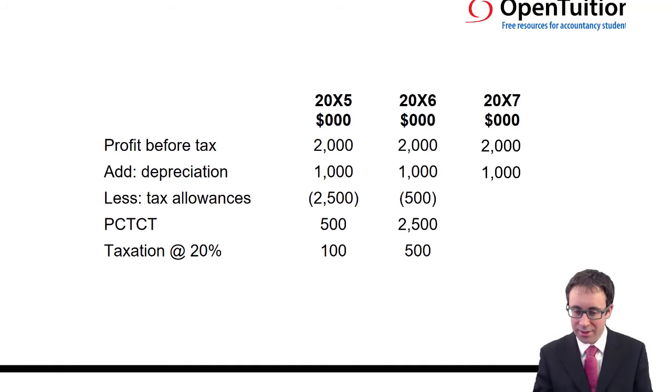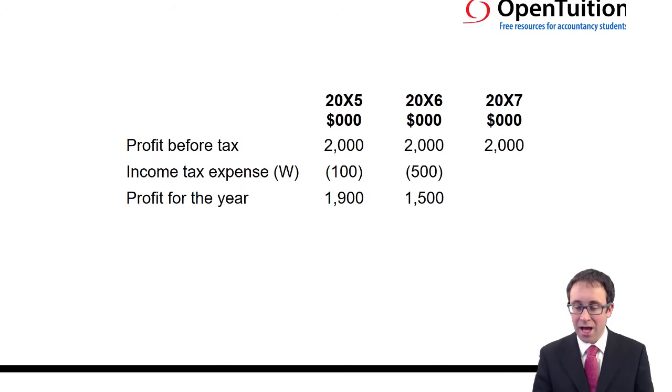Nothing's different there, is it? Tax allowances, however, now have dropped to 400. If we total that up, does it give me 2,600? 20% of that is 520. 520 is now my tax expense. And if I work out the profit, it's 1,480.